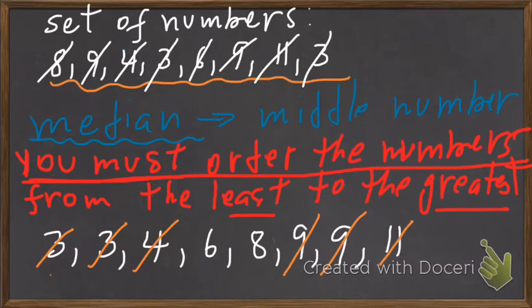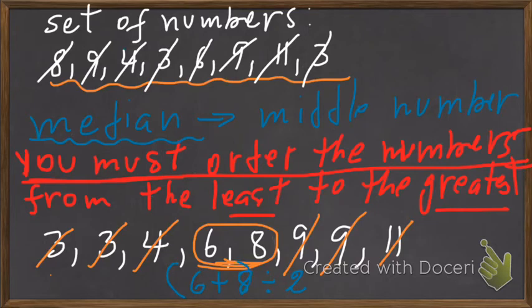Oh, look, we have 2 numbers in the middle. So when you have 2 numbers in the middle, you are going to add these numbers. So I have 6 plus 8, and you are going to divide it by 2.